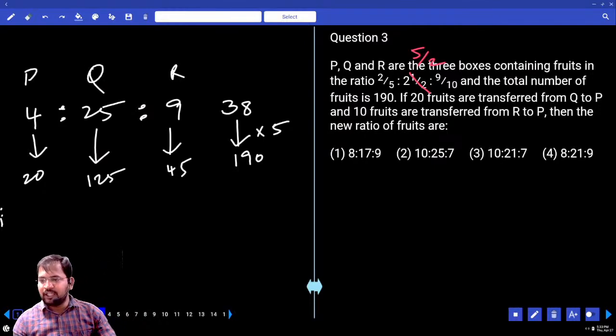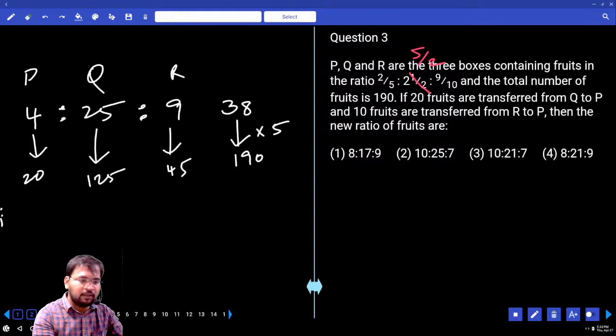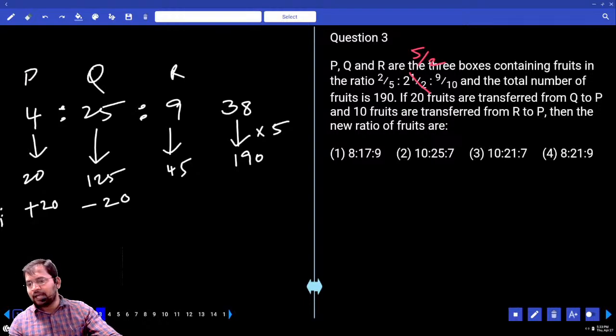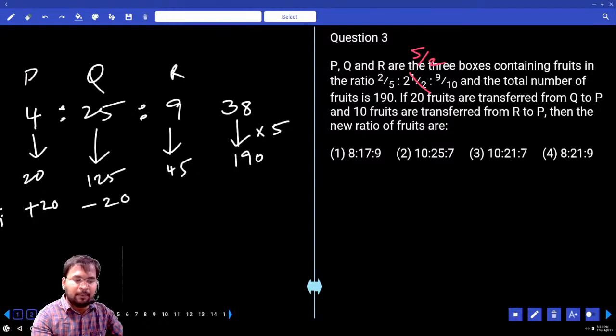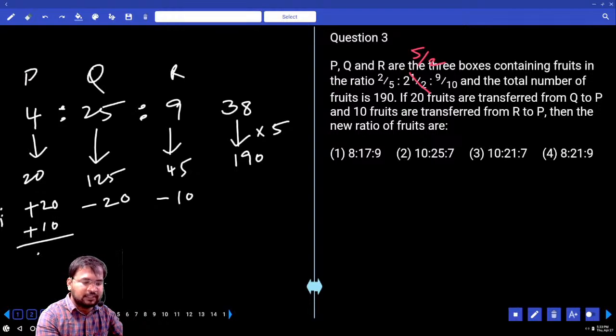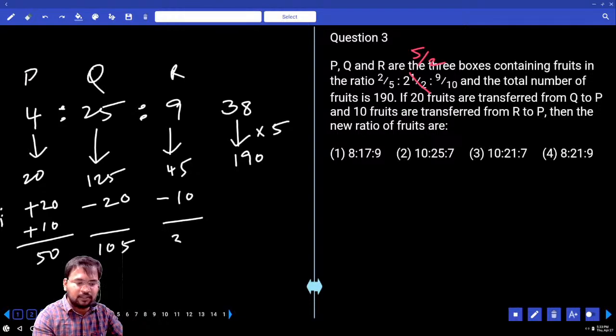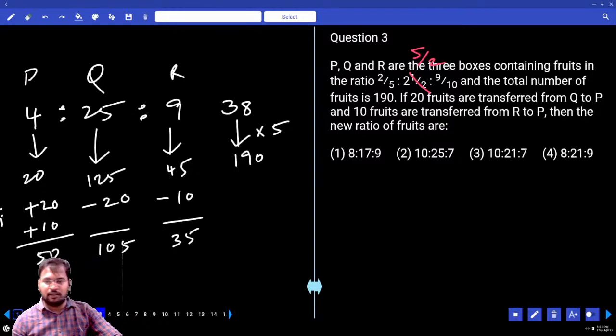Now 20 fruits are transferred from Q to P. For Q that is minus 20, for P that is plus 20. 10 fruits are transferred from R to P: for R minus 10, for P plus 10. So what is the total now? Then cancel with the common factor 5.